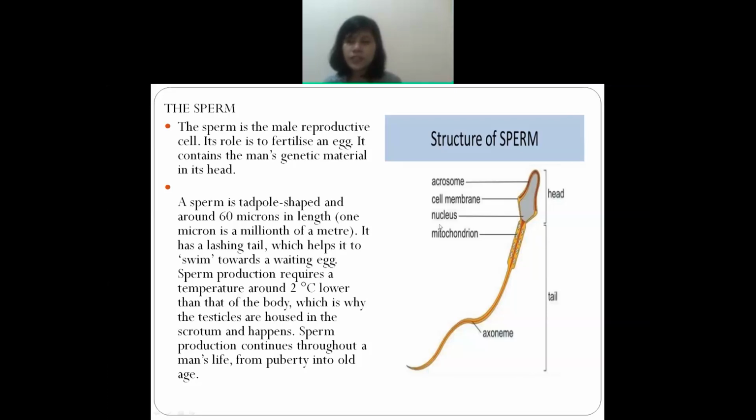Understand? And this sperm will produce from when? From puberty time in the man's life till old age.